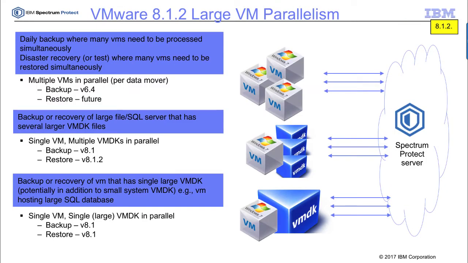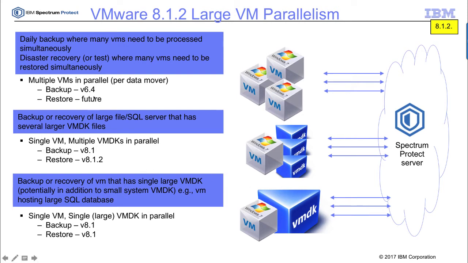Moving on to some additional features of Spectrum Protect version 8.1.2. And again, this is a slide that should be very familiar if you've been following our releases in Spectrum Protect data protection for VMware. We have been, through the last several agile releases, enhancing the performance and the parallelism of data protection for VMware.